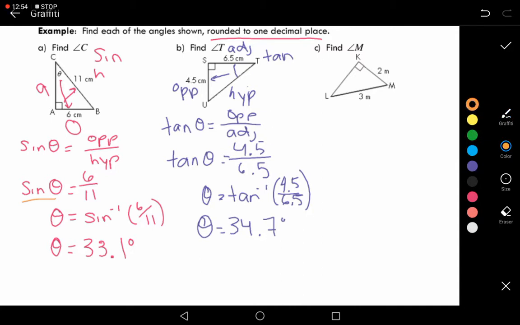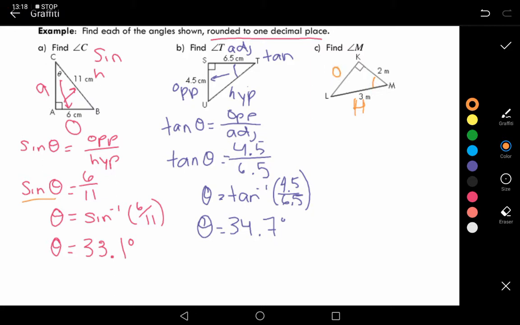So again, this time we're finding angle M, but I need to start by labeling my sides. So again, opposite of that right angle is your hypotenuse always. Okay, opposite of the angle we're looking for is going to be the opposite side. So we're dealing with angle M here. So the one across from that is this side here.